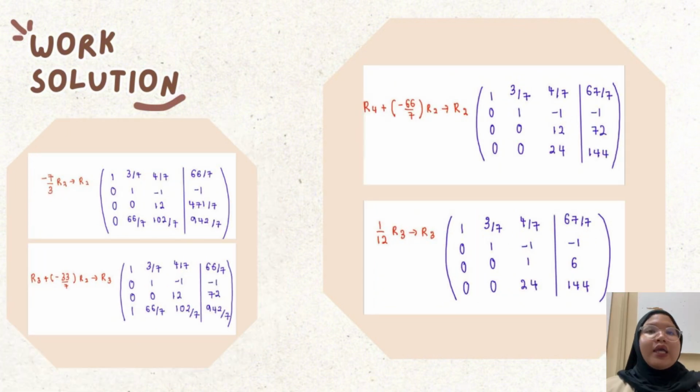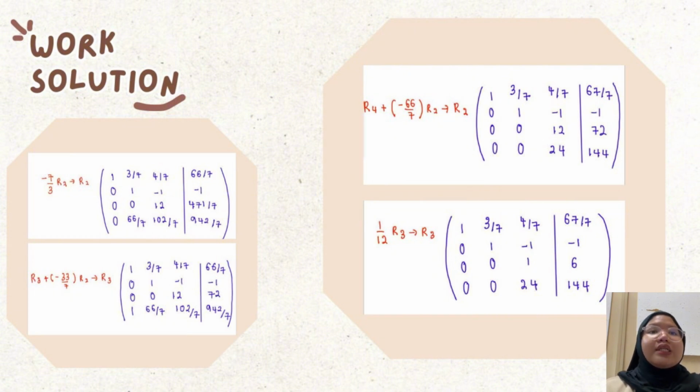Next, we simplify the second row by scaling it by -7/3, turning its leading entry into one. To eliminate the second column's entries in the other rows, we subtract 66/7 times the second row from the first row.